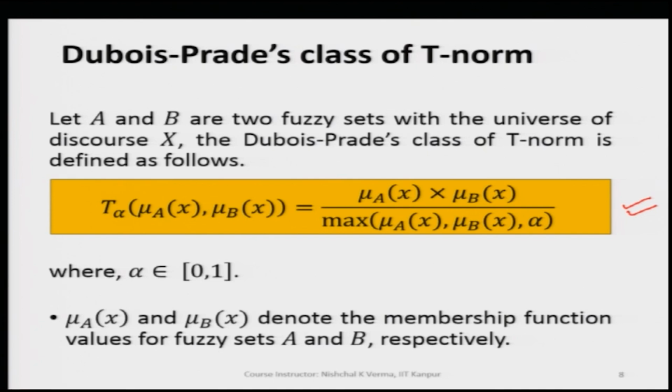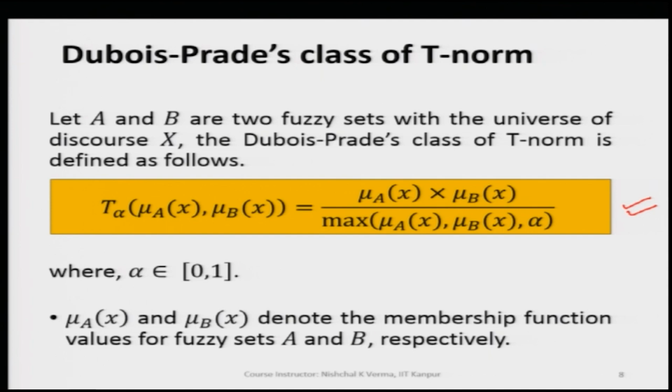The Dubois-Prade class of T norm is defined by T alpha of mu A of x and mu B of x, which is equal to mu A of x into mu B of x over max of mu A of x, mu B of x and alpha.